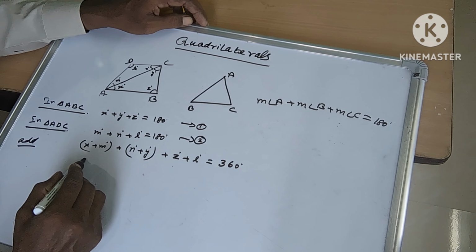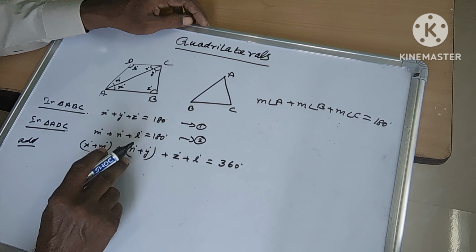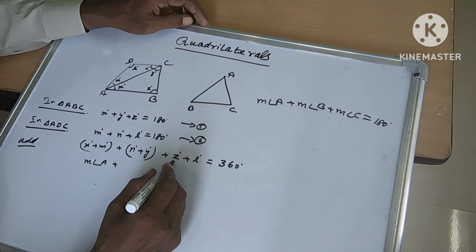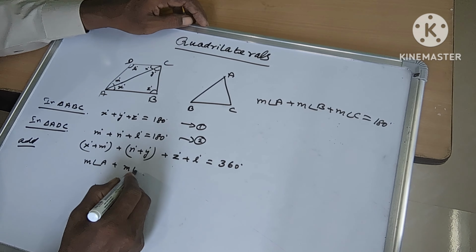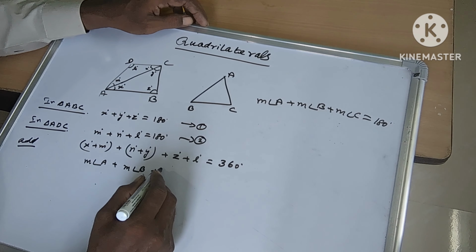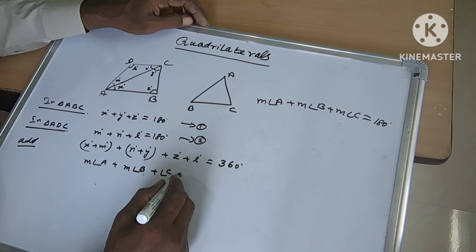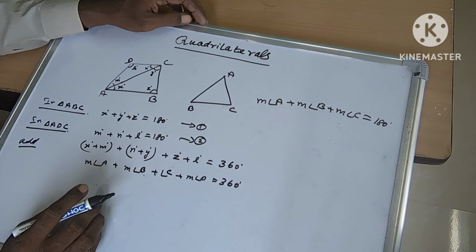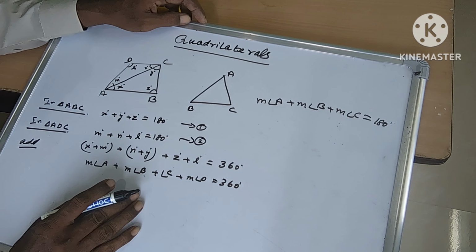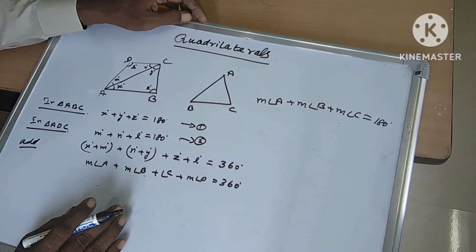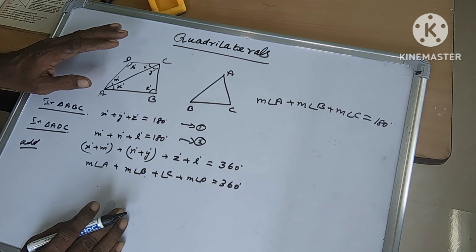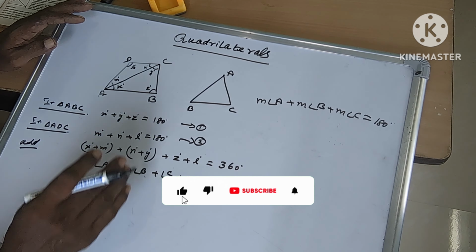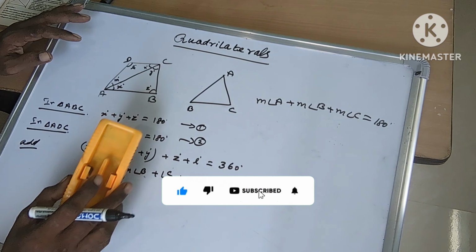This together is measure angle A. This together is measure angle C. And Z is measure angle B, and L is measure angle D. So this is 360. So this is one simple result. So this is the quadrilateral property: the sum of the measures of all angles of a quadrilateral is 360.